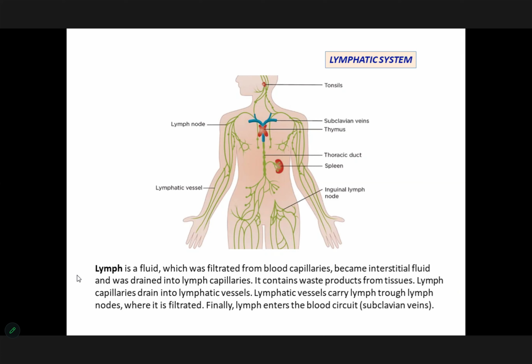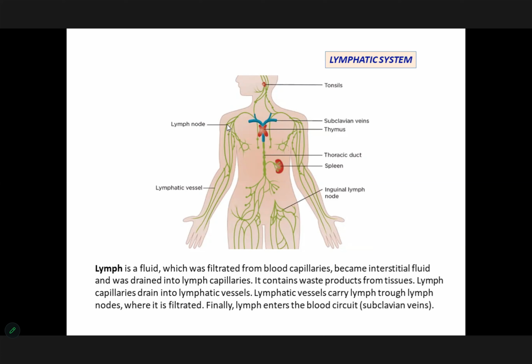Lymph contains waste products from tissues, metabolites, and also it may contain some bad substances and bad agents, for example, bacteria or tumor cells or something other bad substances. Lymph capillaries drain into lymphatic vessels. Lymphatic vessels carry lymph through lymph nodes.